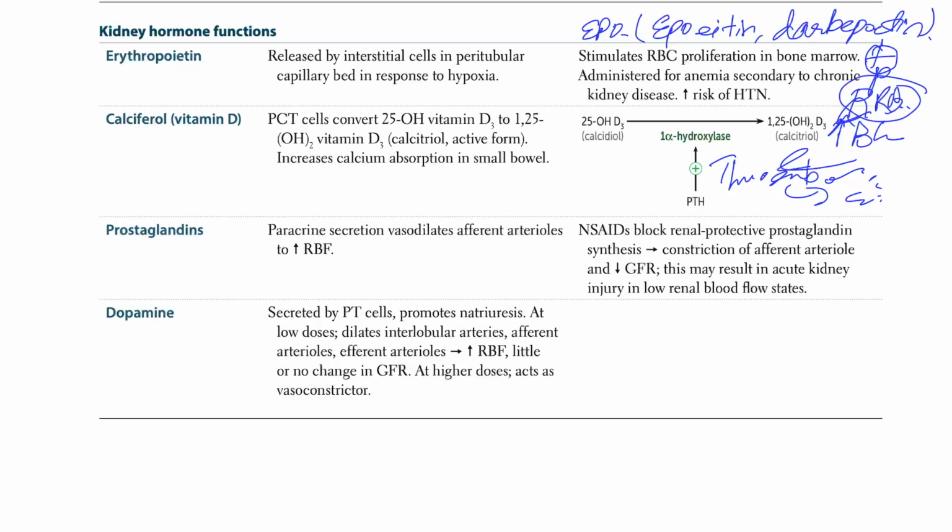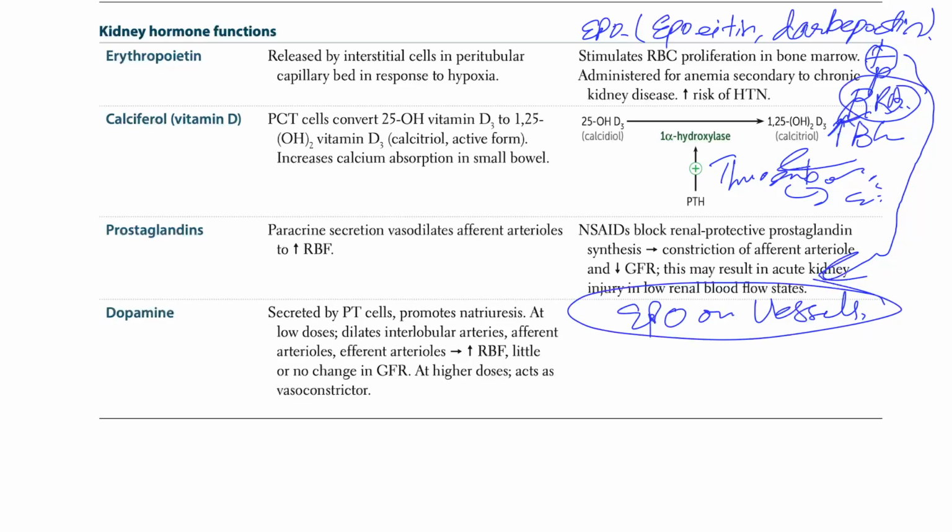And secondly, this EPO is going to stimulate the EPO receptor on vessels. Vessels means endothelium, the cells present in the vessels, and the smooth muscles are also present in the vessels.